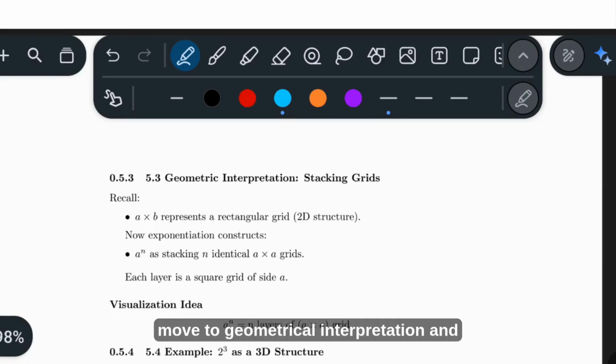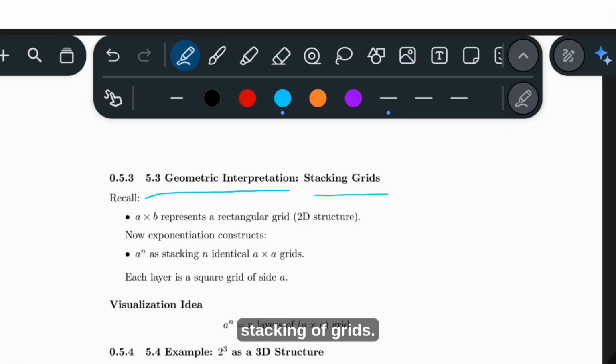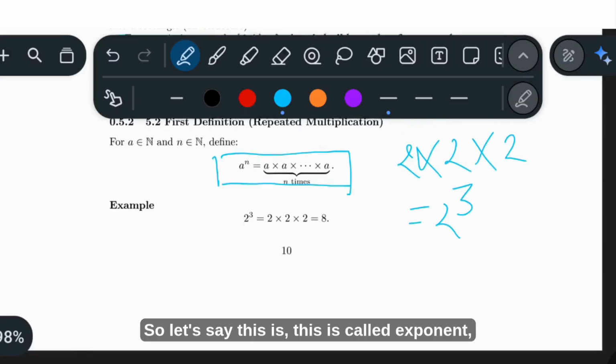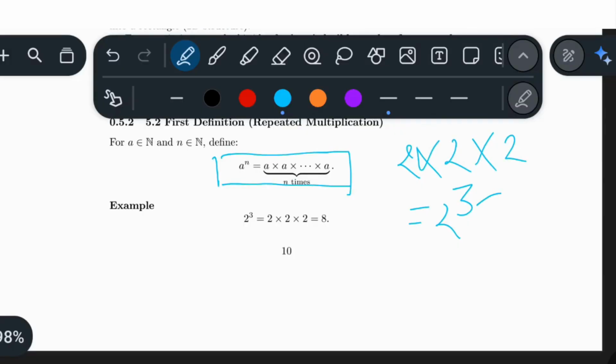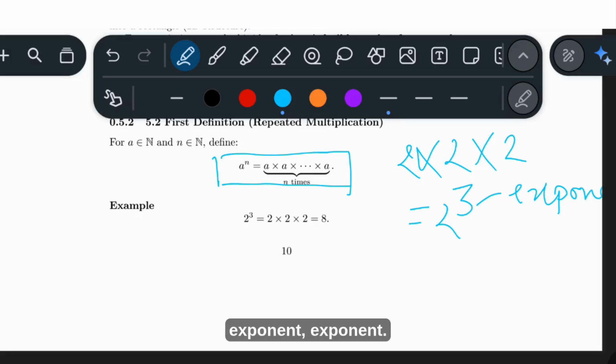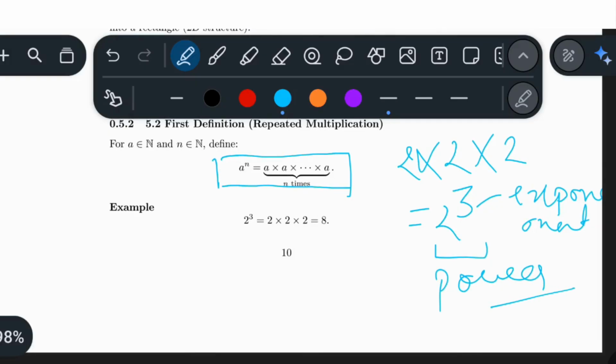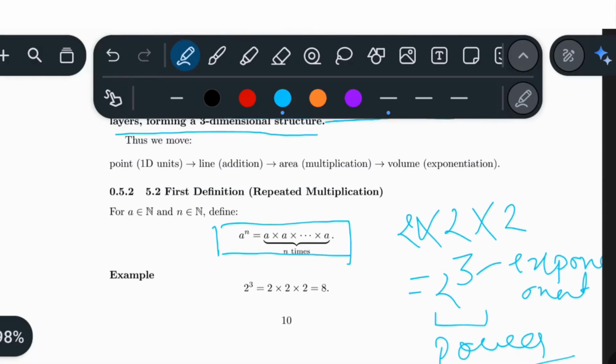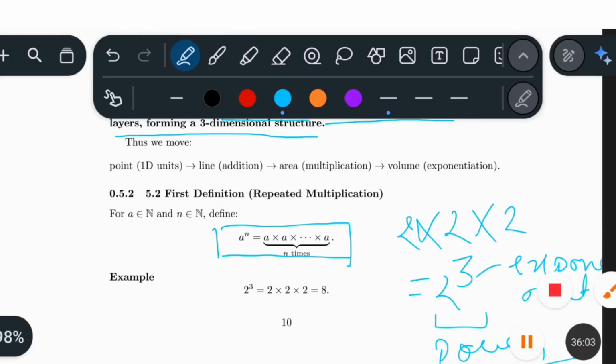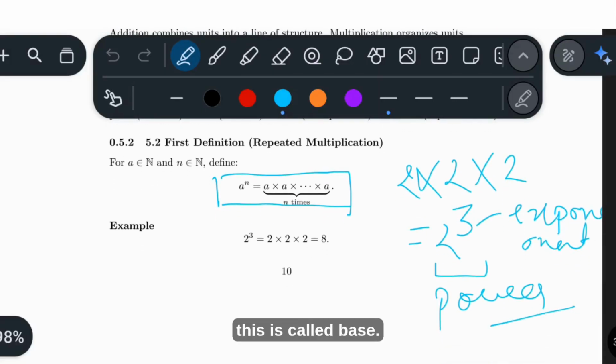Now move to the geometrical interpretation and stacking of grids. Let's say this is called the exponent, and the whole thing is called the power, and this is called the base.